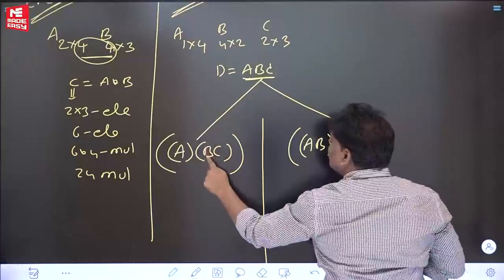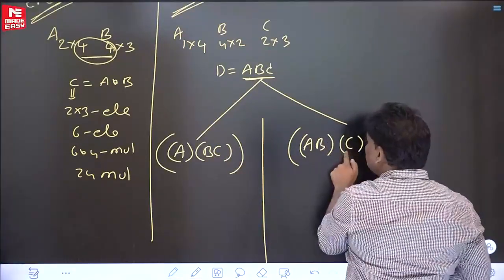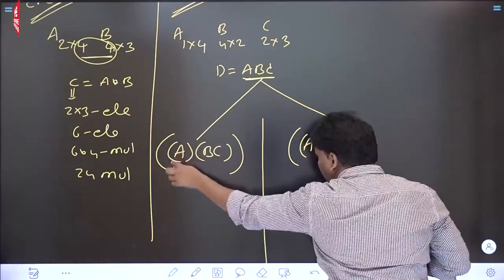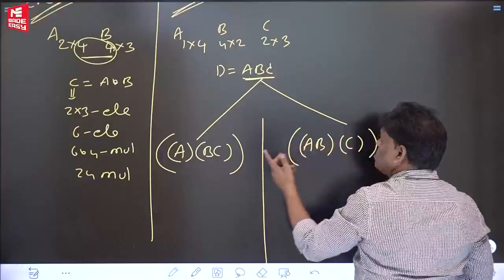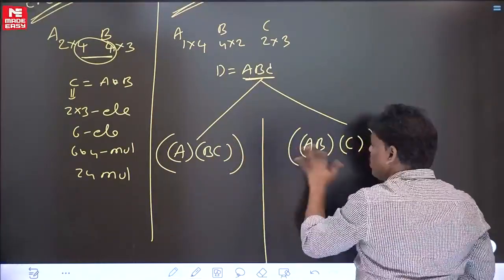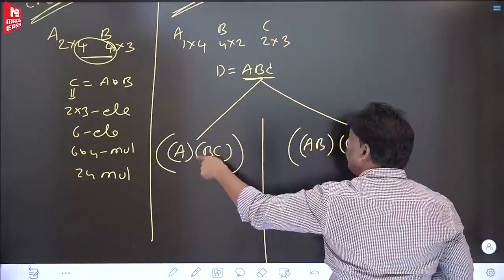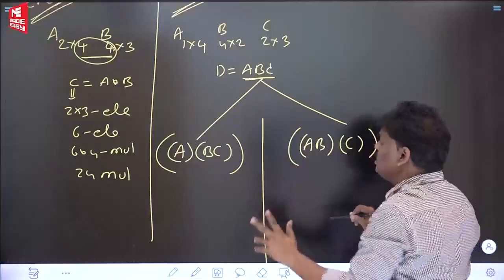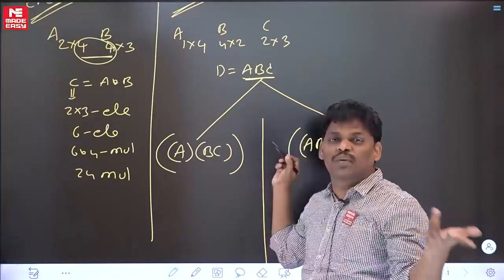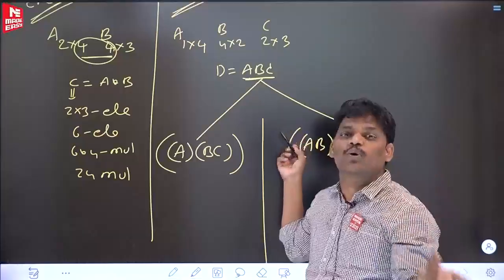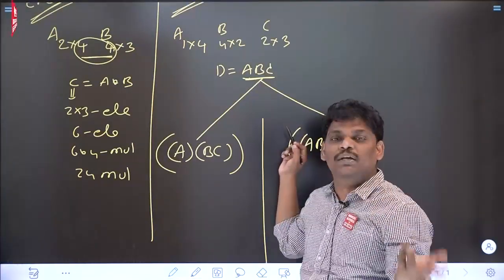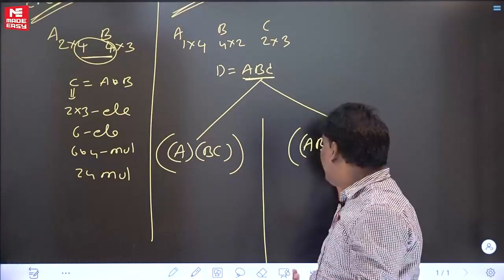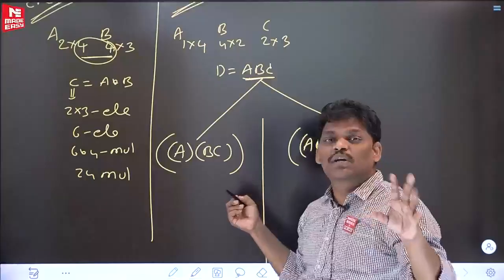Previously B was going with C, now B is going with A. This property of mathematics is known as the associative property. Association is changing, but one thing is true, order is not changing.